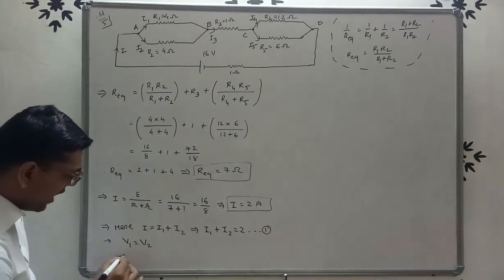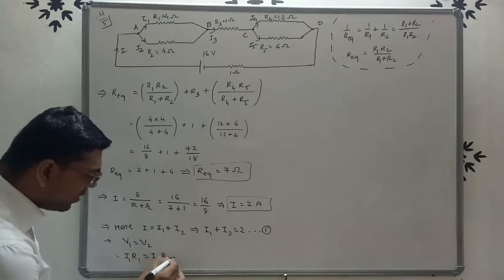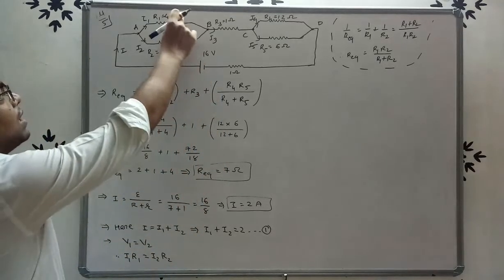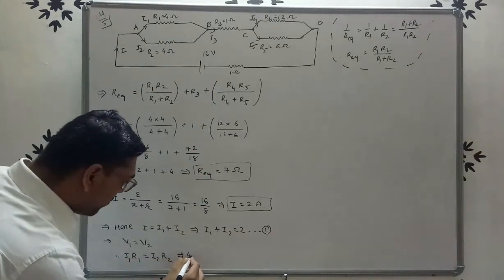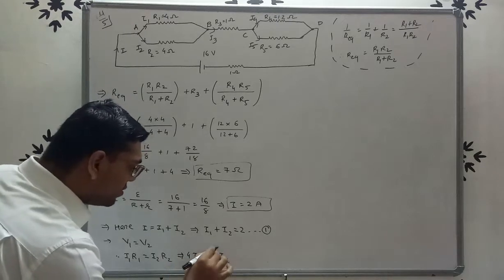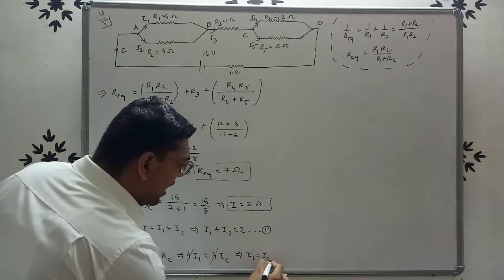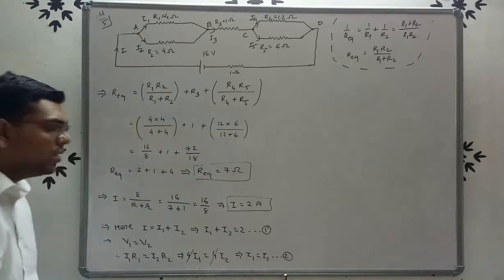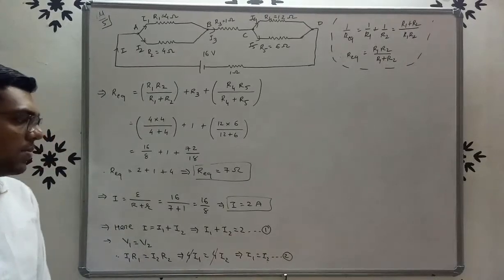So V1 is I1 R1 is equal to V2, I2 R2. Here R1 and R2 are 4 and 4, so 4I1 is equal to 4I2, so these 4 cancel, so I1 is equal to I2, that is equation number 2. So the values of current I1 and I2 are the same.